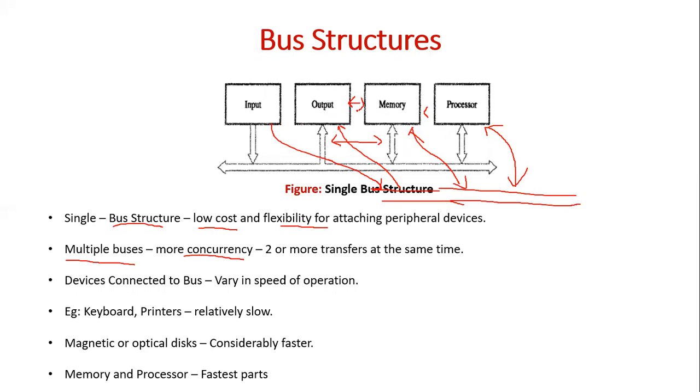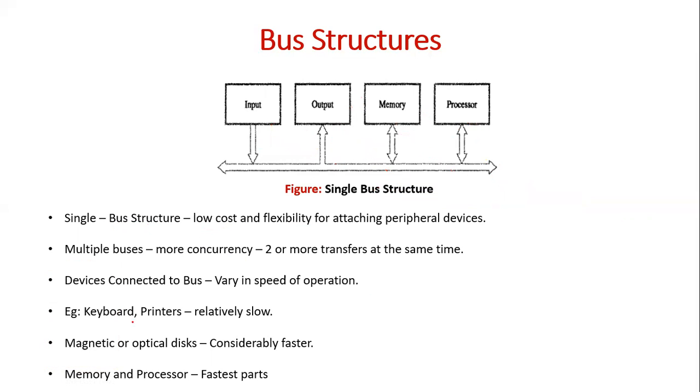Maybe the processor can use the second bus to receive data from the keyboard. Or normally the processor will not receive data directly from the keyboard, but the processor may communicate with the memory itself through the other bus. So like that, if there is more than one bus, then two or more data transfers can happen at the same time.